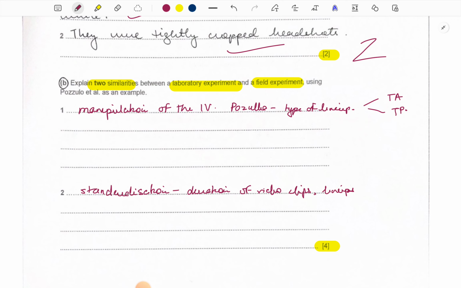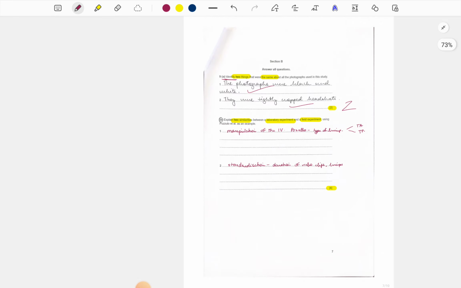If it was a 6-marker, a typical paper 2 type of question, and we had to give an example from Piliavin also, in that case we could have mentioned in Piliavin standardization was there in terms of how the victim always stood next to the pole in the critical area, always collapsed after exactly 70 seconds, and then modeling was offered after 70 or 150 seconds, those type of things.